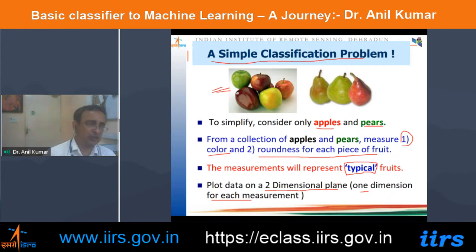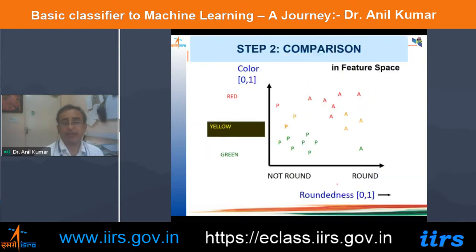In an image, if we have RGB, 3 bands, and we plot all the 3 bands on each axis, that complete space is your feature space, and on that you can see the pixels of the image plotted using the color value from each band or each layer. So here you can see on the x-axis the roundness has been plotted, and here the color has been plotted.